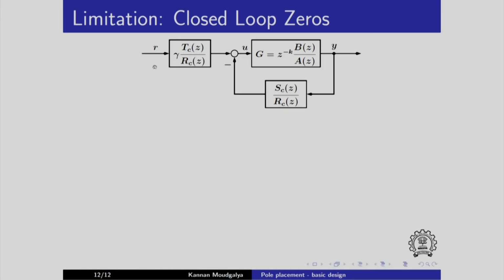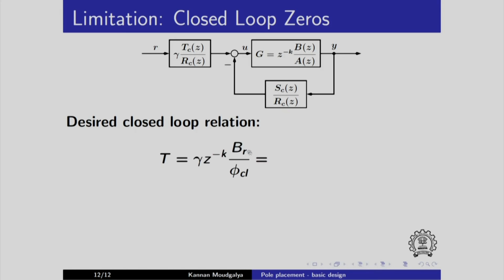There is a limitation as well in the form of closed loop zeros. So let us see this. The desired closed loop relation is given here, and this is as per our YM model, and this is nothing but this expression where we have written for BR, it is BB into T1, the numerator we retain as it is.